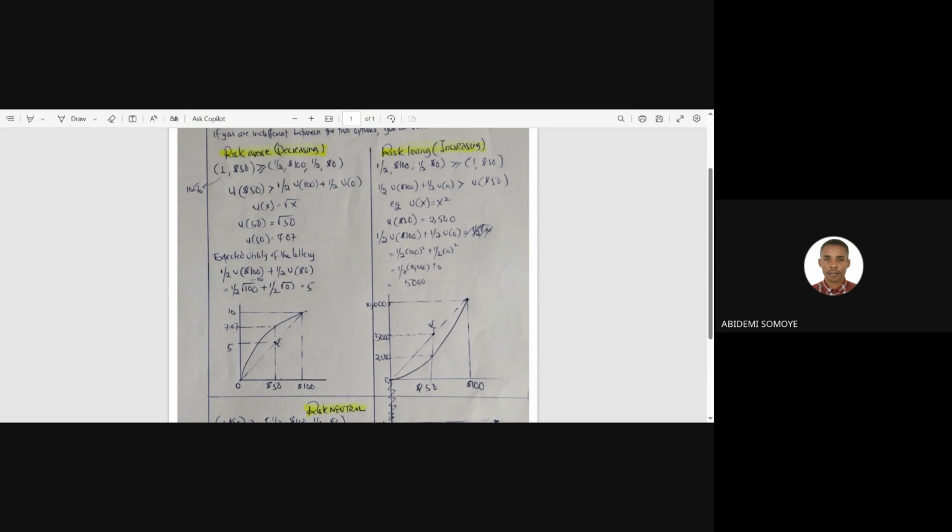That's square root of 50, that's 7.07. If Gary decides to play the lottery, that will be half square root of 100 plus half square root of 0. What you are going to have is 5. So utility of 50, if I give you the $50, is greater than if you play the lottery, then you are a risk-averse person. Gary, is that clear?